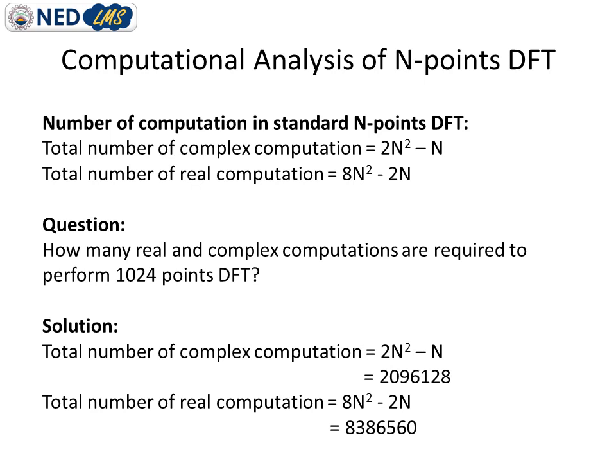In this slide we are going to learn the computational analysis of N-point DFT. This is basically the total number of computations which are required in calculating any N-point DFT.